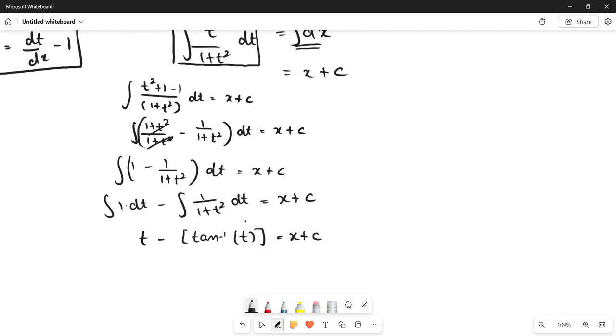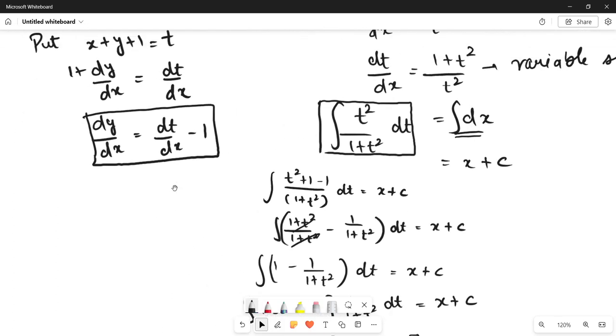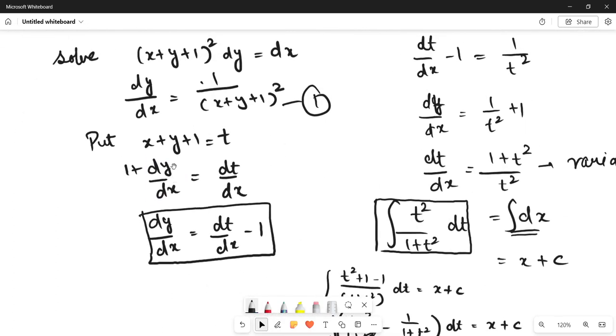After solving this type of equation, what will we do further? We will resubstitute the value of t. Now what is the value of t? Our value of t is x plus y plus 1.